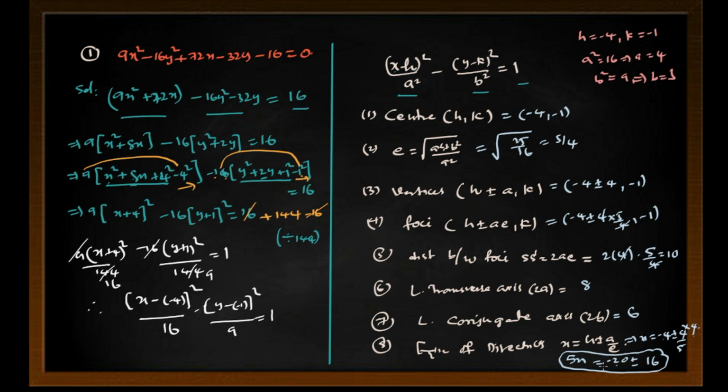So 5x plus 4 and 5x plus 36 equals to 0 are the required equations of directrices. We can find out length of latus rectum also using the formula 2b square by a. So these are the 9 formulas we are frequently using in each and every problem of hyperbola.